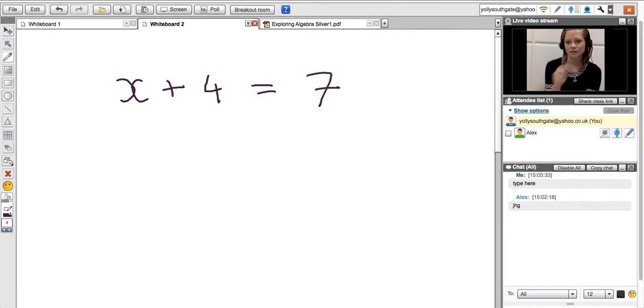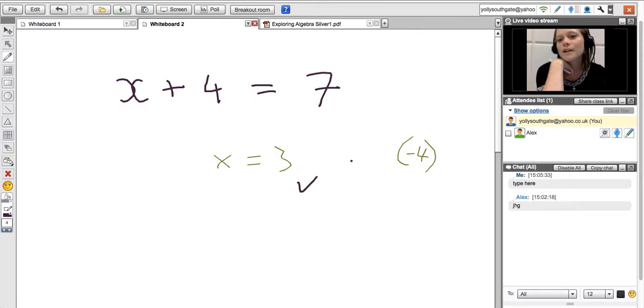Can you solve this equation? Yeah. That's really good. Well done. Do you want to explain why you took away 4? Did it in school. Yeah, that's a good answer. But why are you allowed to just take away the 4? Because we've got to get x on its own.